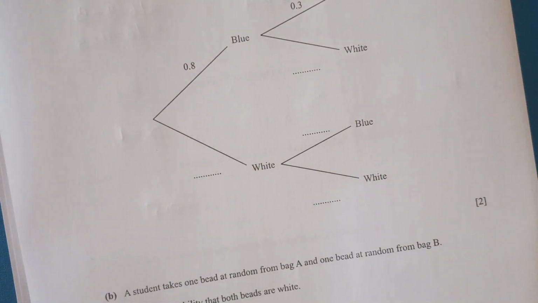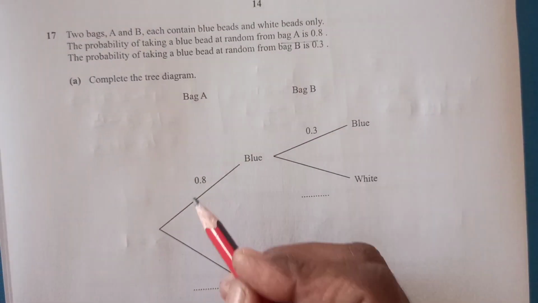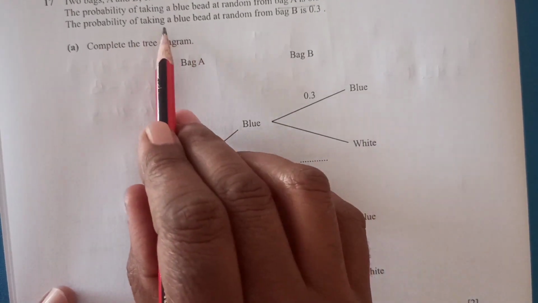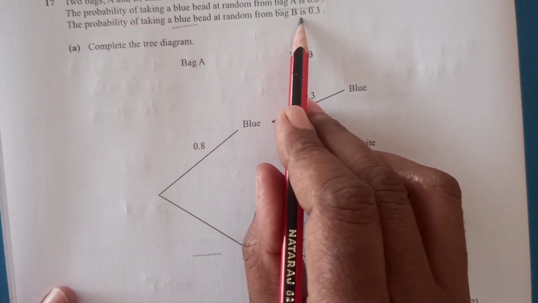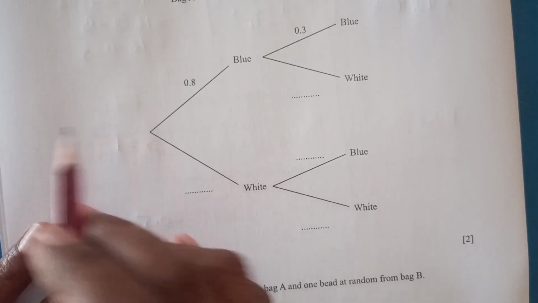Now the next, question number 17 here from probability. The bags A and B each contain blue beads and white beads only. The probability of taking a blue bead at random from bag A is 0.8 and from bag B is 0.3. So complete this diagram.